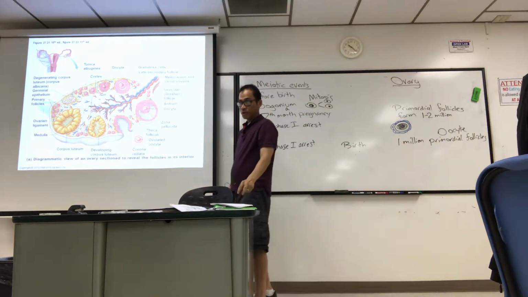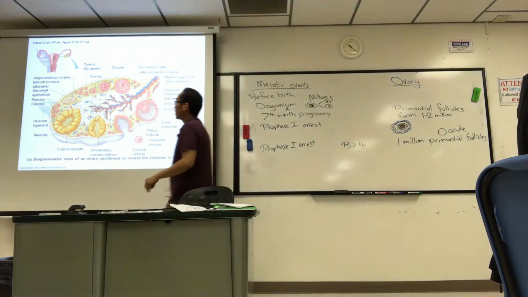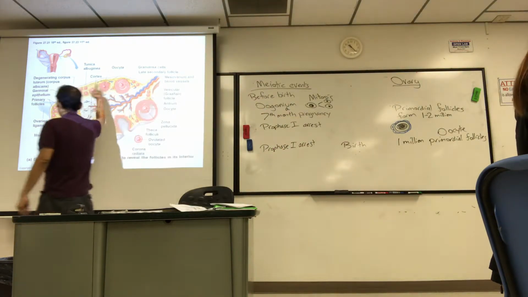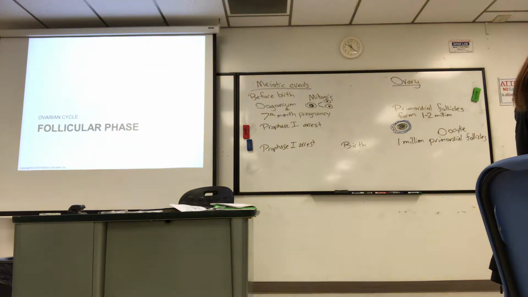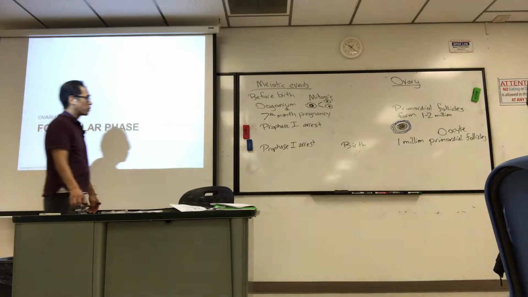Sexually immature, right? You're just born. Eventually you have to get to the part where you're mature enough to cycle through. When you reach puberty, you might be down to something like 400,000 primordial follicles. There's some attrition.